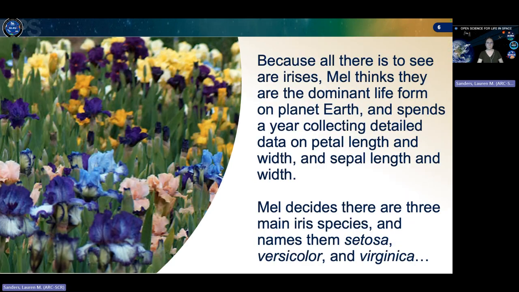Now, looking around, all there is to see is irises, and so Mel thinks that they are the dominant life form on planet Earth. So Mel spends a year collecting detailed data on petal length and width and sepal length and width of all of the irises. And after doing so, Mel decides that there are three main iris species and names them Setosa, versicolor, virginica.